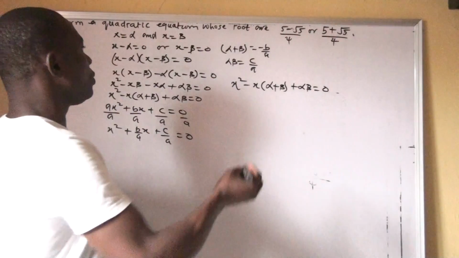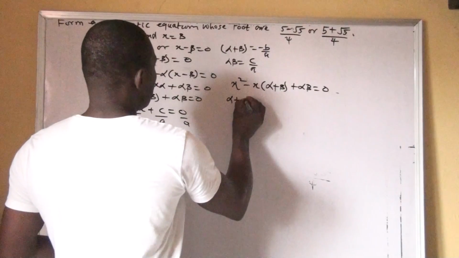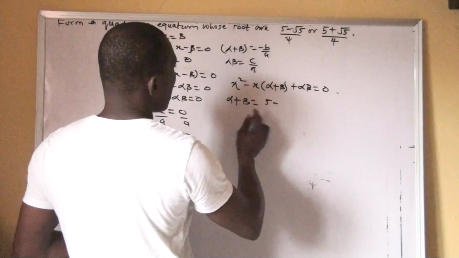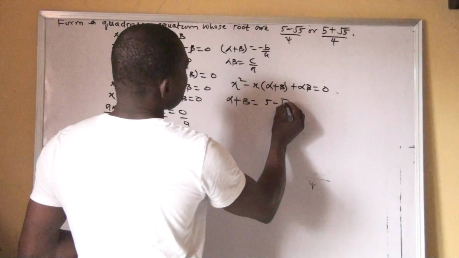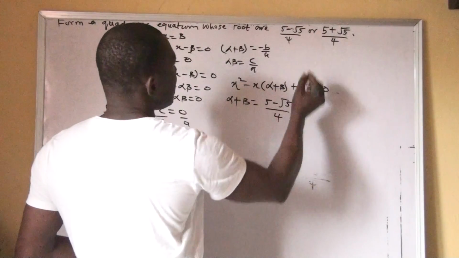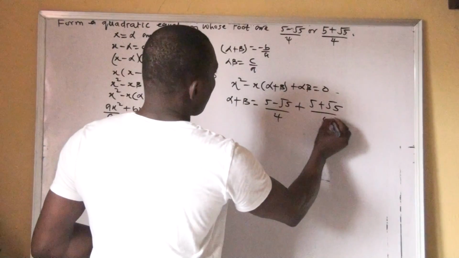Here, what we need to do is first find the sum of the roots, alpha plus beta. We say alpha is (5 minus root 5) over 4, plus beta is (5 plus root 5) all over 4.